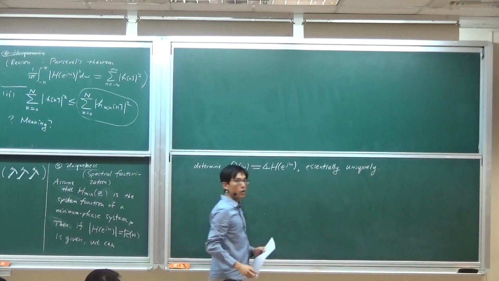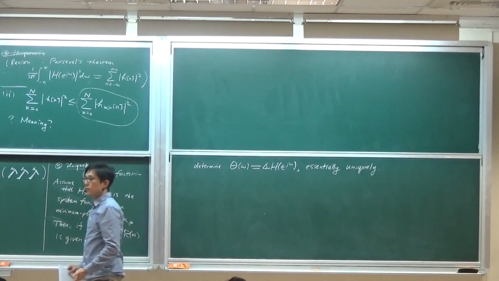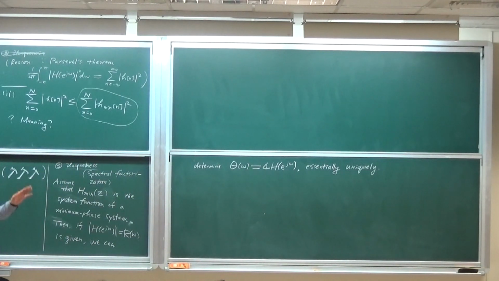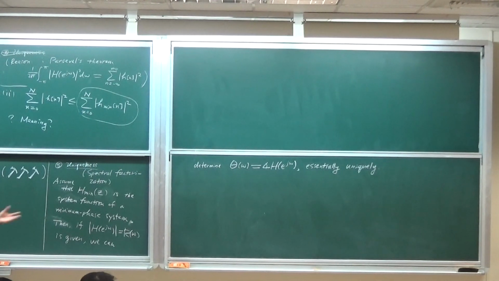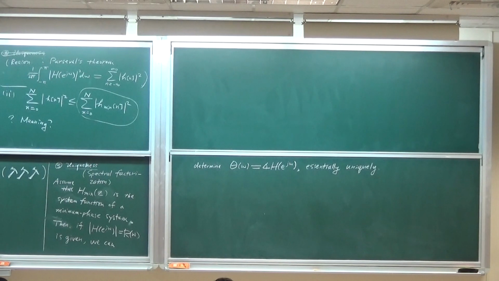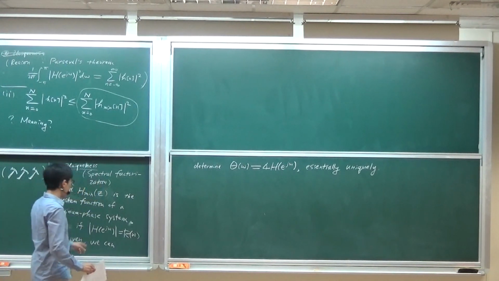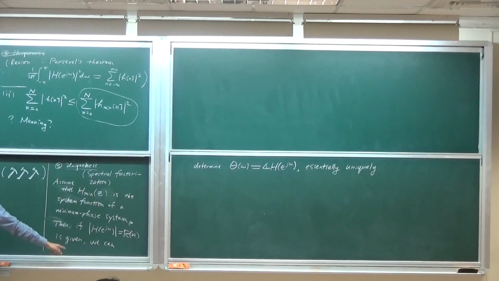By essentially, I mean that you can calculate the response, but any other system that has a constant phase difference from the system that we determine is also a valid solution. We'll see in a moment. So you can calculate the phase response based on the magnitude response, and that's the surprising part. That's a property of a minimum phase system I'd like to share with you.